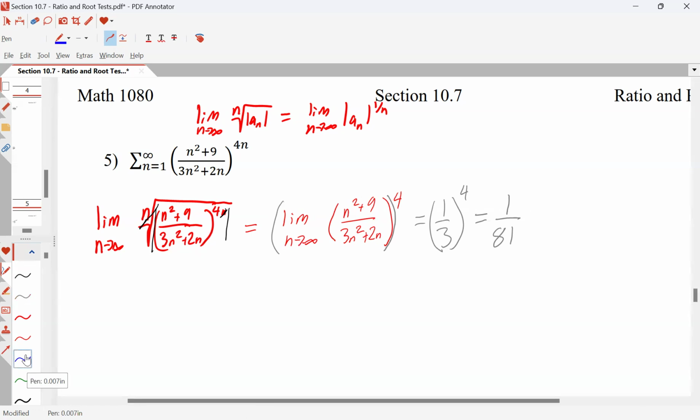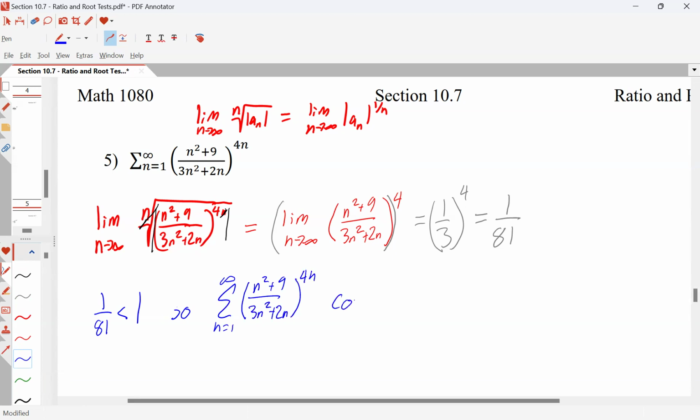For the root test, just like the ratio test, we compare it against 1. 1 over 81 is smaller than 1. So the series n equals 1 to infinity of (n squared plus 9) over (3n squared plus 2n), all to the 4n, converges absolutely by the root test.